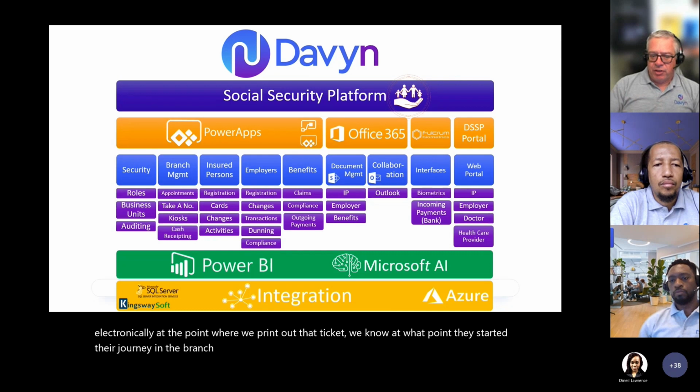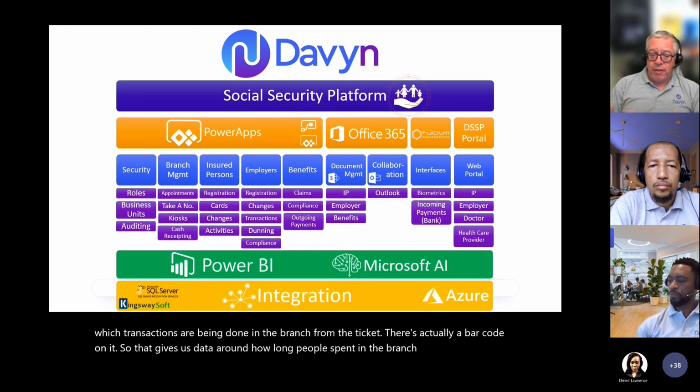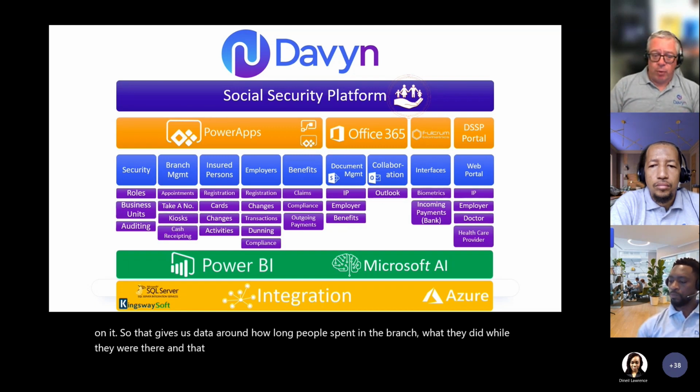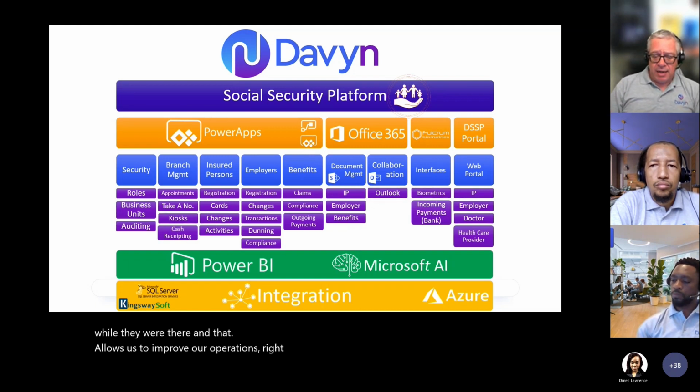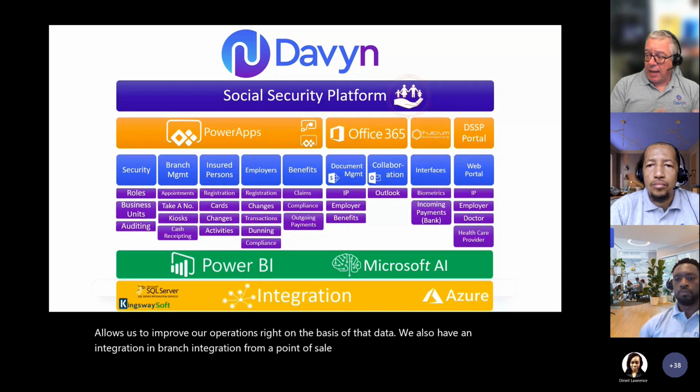And then that ticket gets given to a CSR, and then we can track what transactions are being done in the branch from the ticket. There's actually a barcode on it. So that gives us data around how long people spent in the branch, what they did while they were there, and that allows us to improve our operations, right, on the basis of that data. We also have an integration from a point of sale perspective for cash receipting.